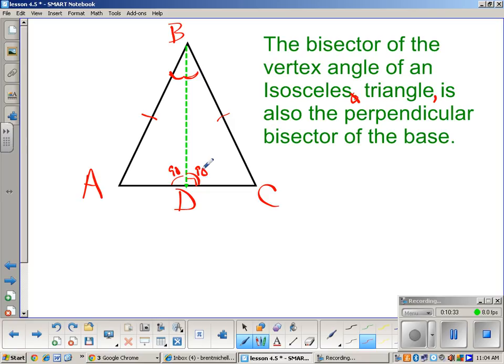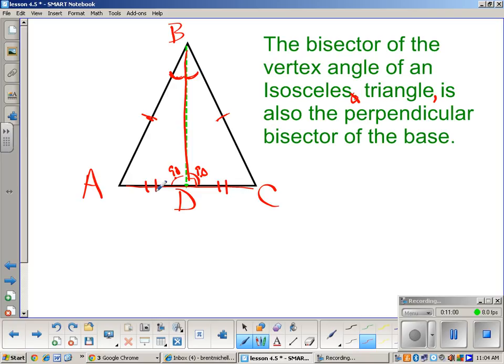So anytime you see an isosceles triangle that has the angle bisector, that means these angles down here have to be 90 degrees, and it cuts the bottom side, the base, into two equal segments. So those two segments are equal.